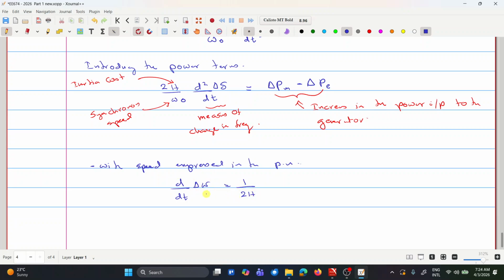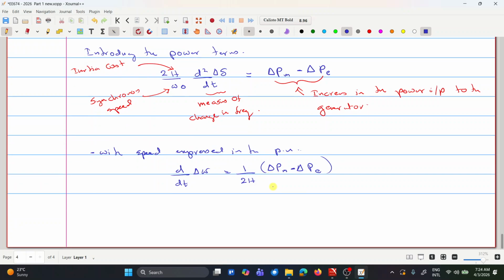This is in per unit, that means delta omega over omega naught. I am dropping the bar here for ease of writing, so please keep in mind this is in per unit, and omega naught is inside.